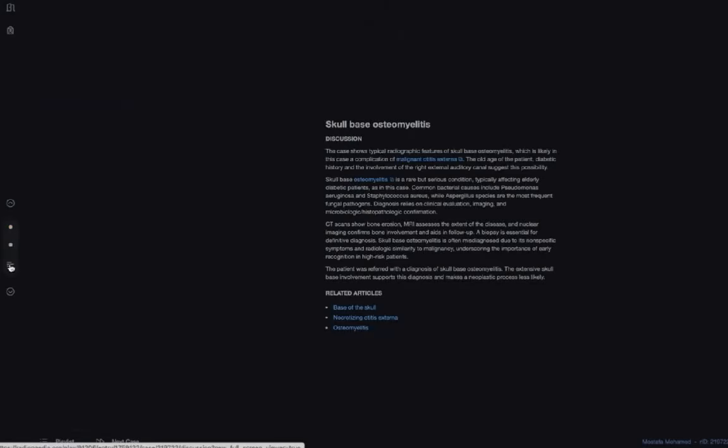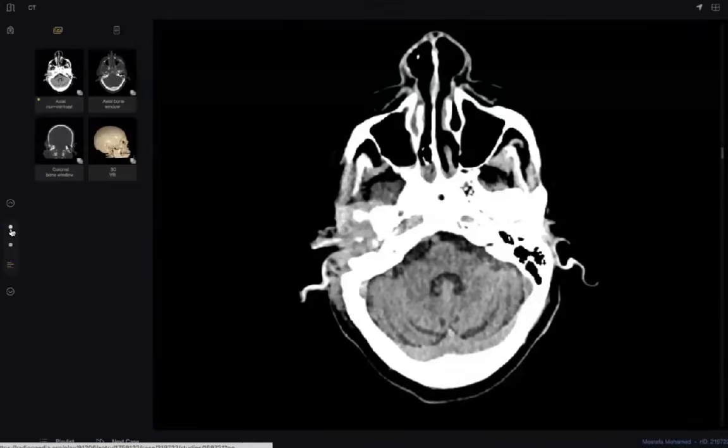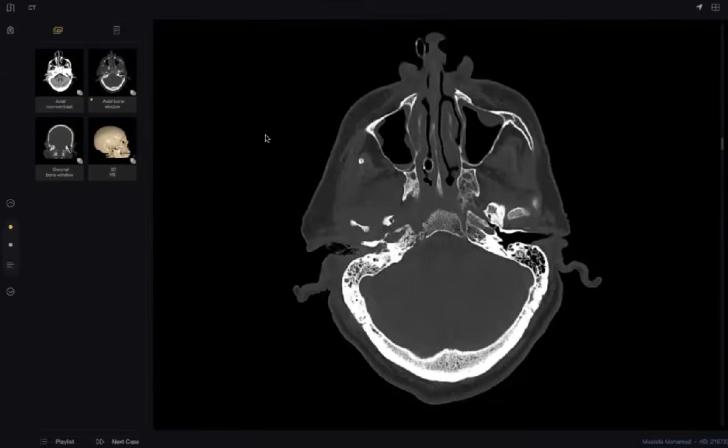It was a case of skull base osteomyelitis. Why do I bring this case? Because it is very rare to see such very aggressive osteomyelitis in the skull base. This patient is post-traumatic and underwent a surgery.